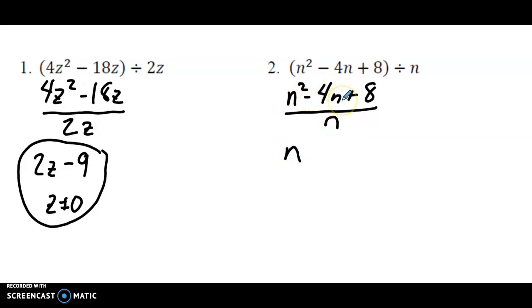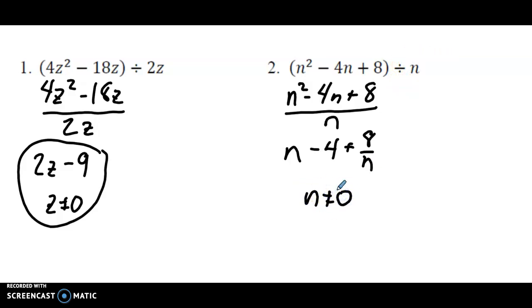Negative 4n divided by n is negative 4. And positive 8 divided by n, it doesn't go in, so we'll leave it as a fraction, 8 over n. Excluded values, again we have a monomial, so n cannot equal 0.